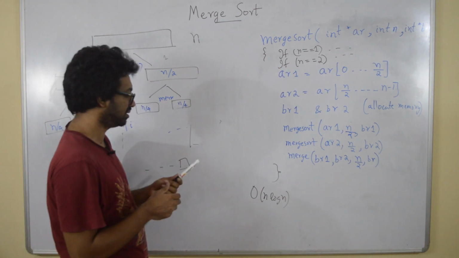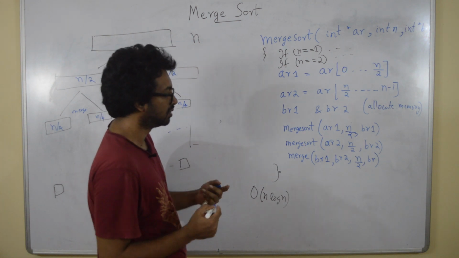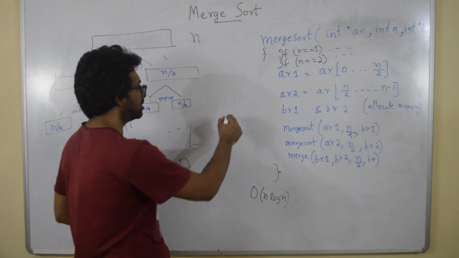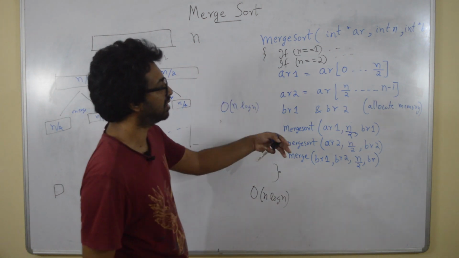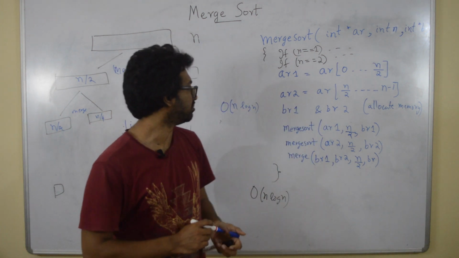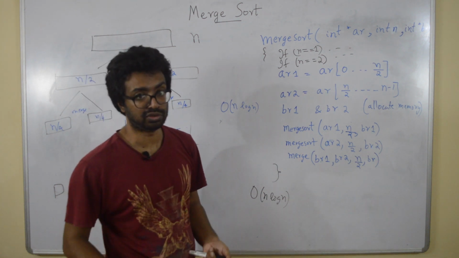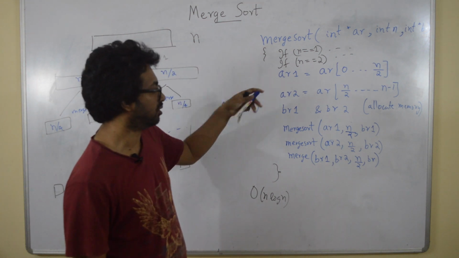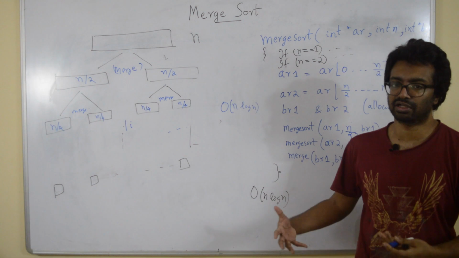So the extra space turns out to be order n log n, because at every level I am creating n space, and the height is log n. So the space complexity of this algorithm is n log n.